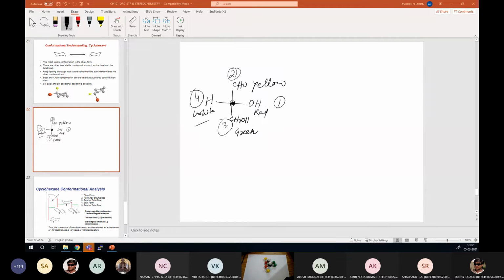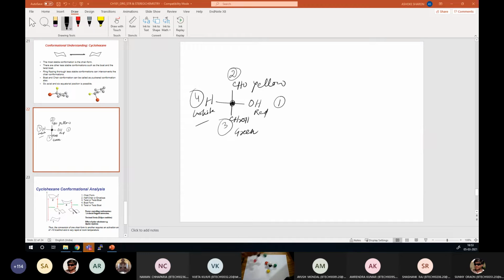So non-superimposable mirror image. So these two are the enantiomer of each other.